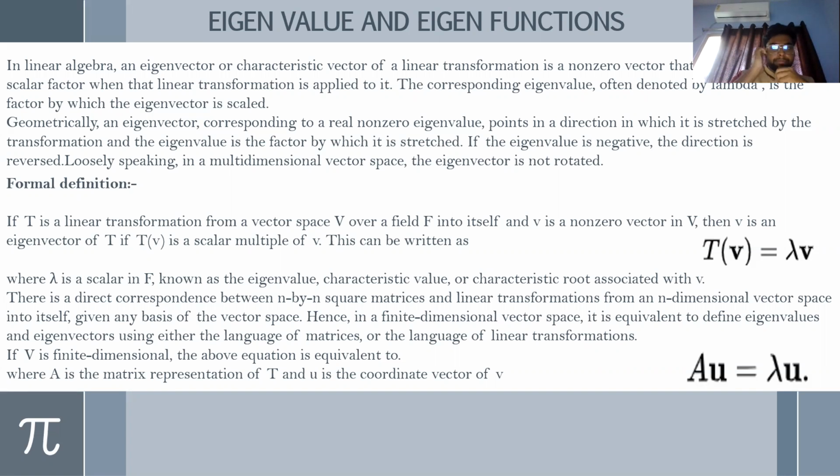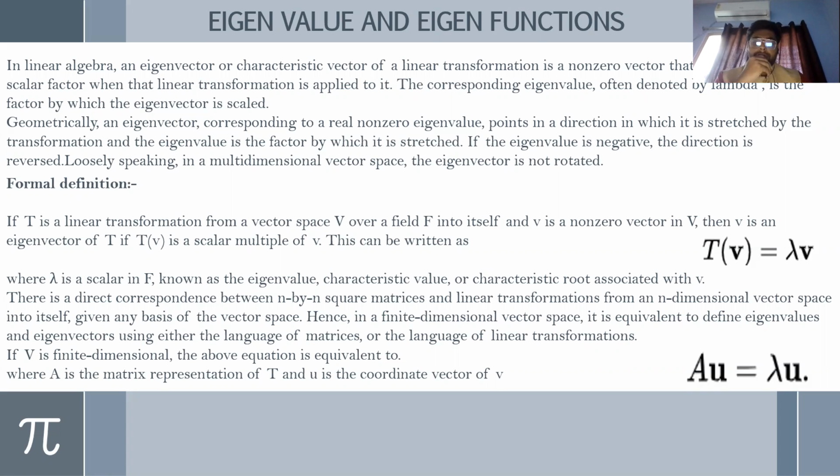It is equivalent to define eigenvalues and eigenvectors using either the language of matrices or the language of linear transformations. If V is finite dimensional, the above equation is equivalent to A u equals lambda u, where A is the matrix representation of T and u is the coordinate vector of v.